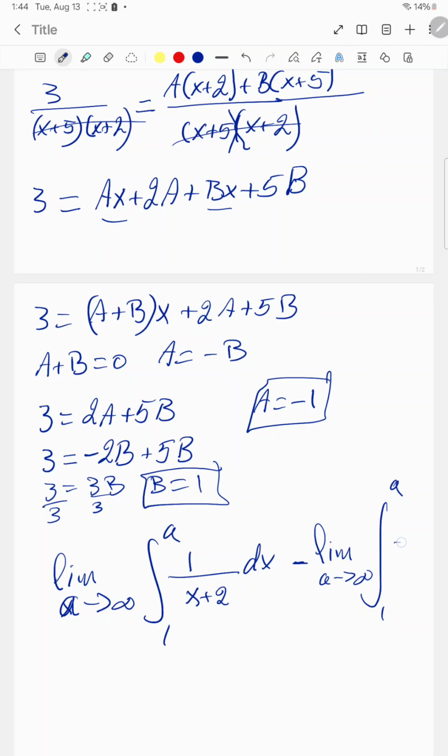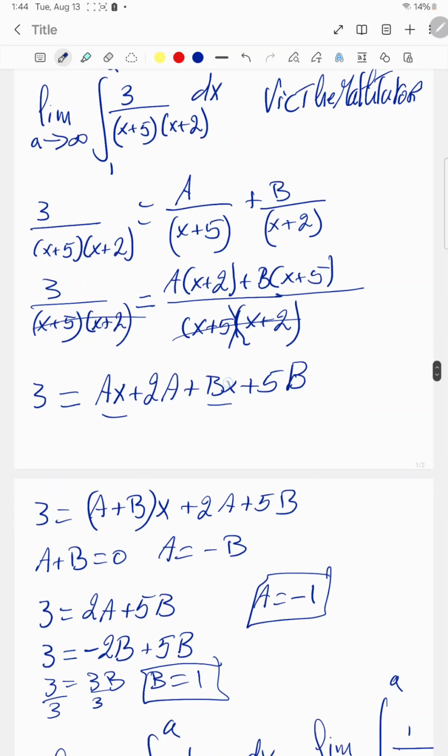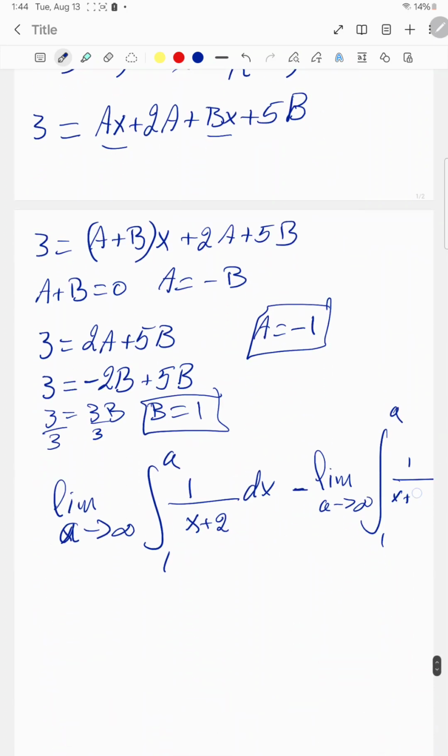So instead of putting minus 1 here, I'm going to put 1, and I'll put the minus outside: 1 divided by x plus 5 dx. 1 times dx is dx.